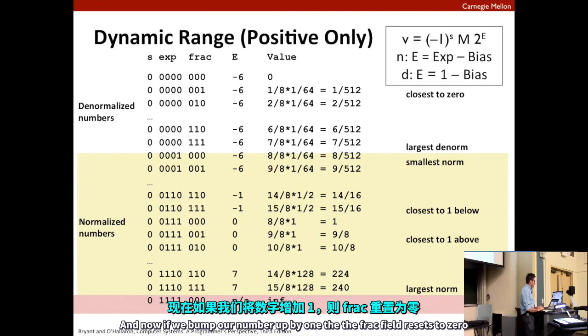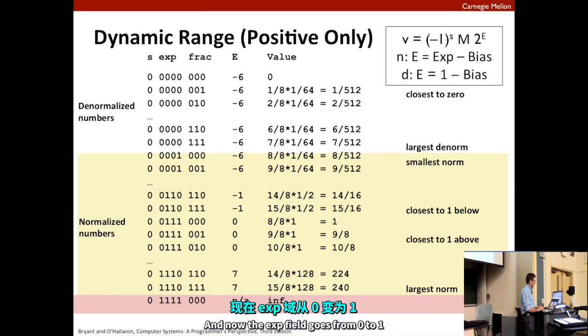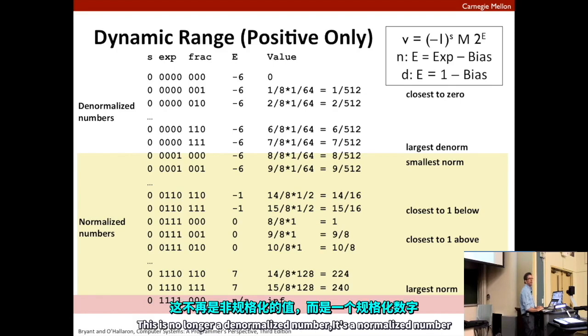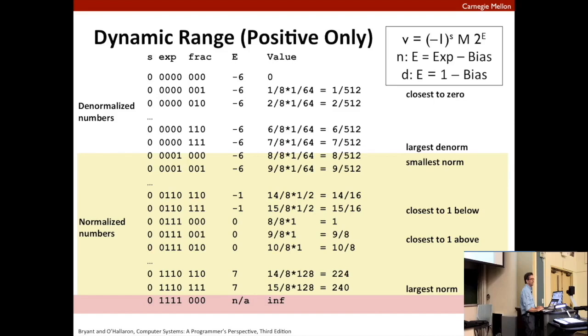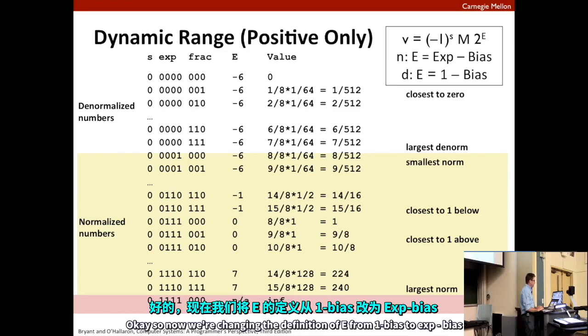And now if we bump our number up by 1, the frac field resets to 0, and now the exp field goes from 0 to 1. Now, because the exp field is non-zero, this is no longer a denormalized number, it's a normalized number. So now we're changing the definition of E from 1 minus the bias to exp minus the bias.